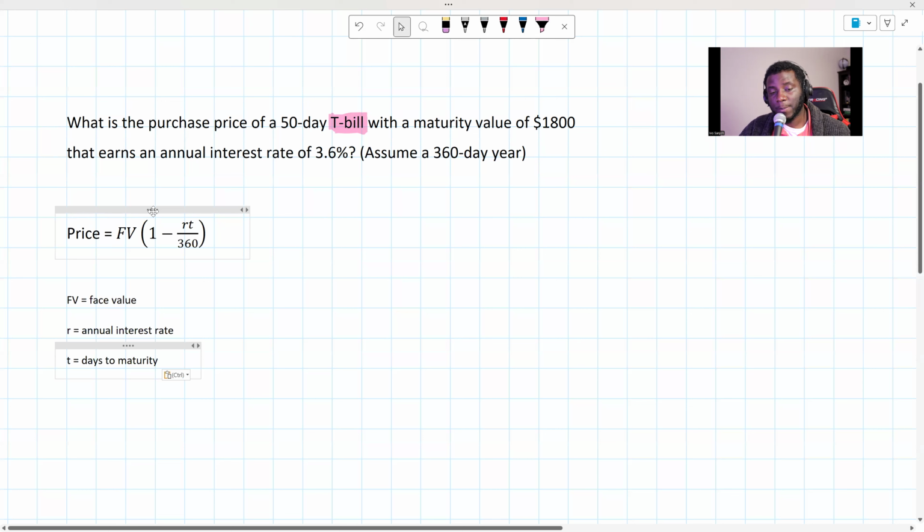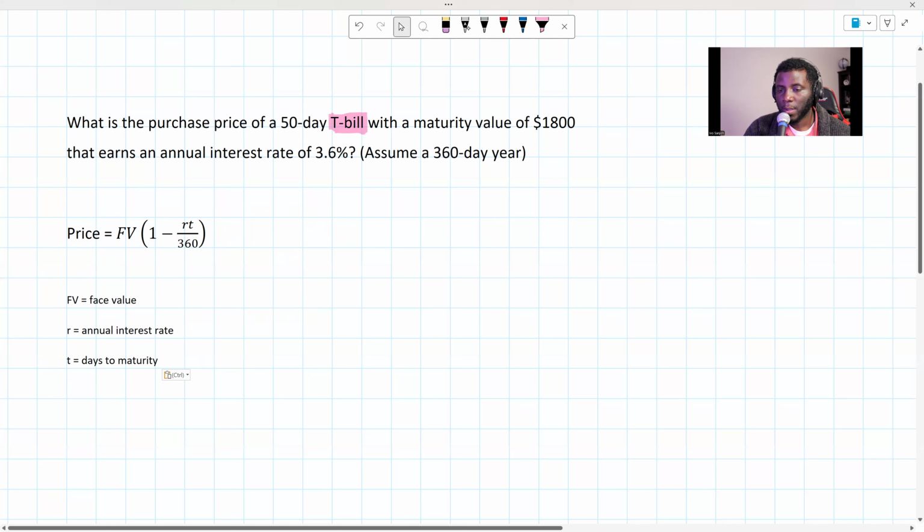So the purchase price could be obtained by multiplying the face value by that factor, where R stands for the annual interest rate, and T stands for days to maturity, and 360 is assumed to be the number of days in a year. So this is what we'll use to figure out the purchase price of a T bill.